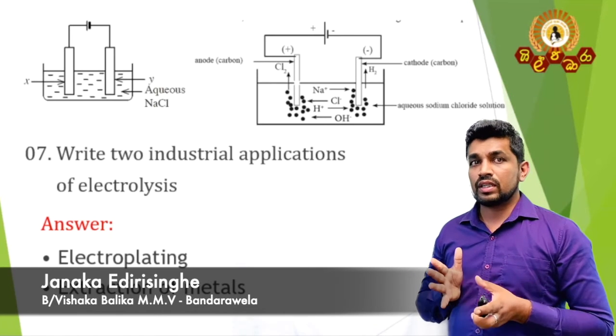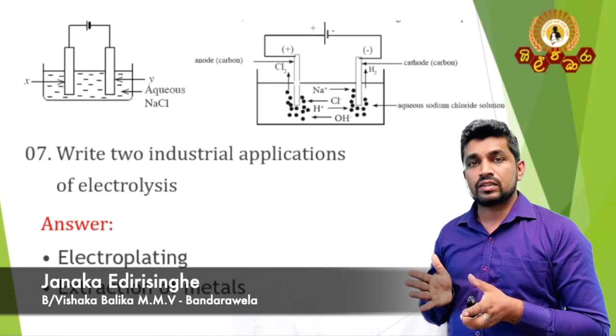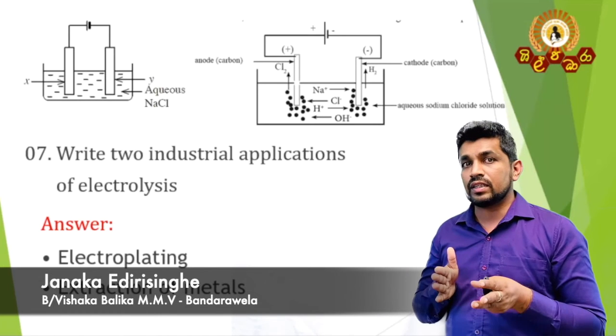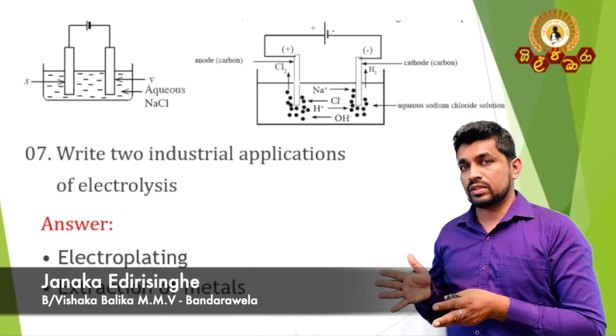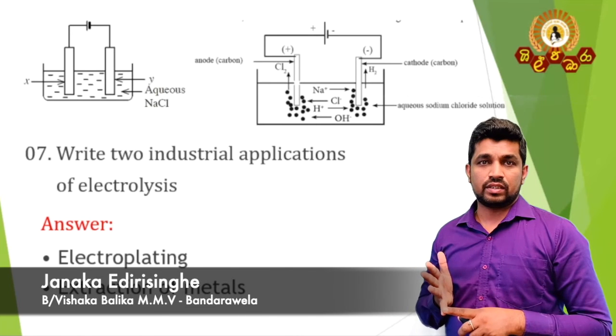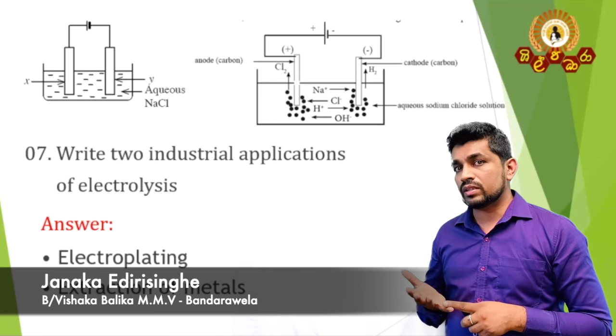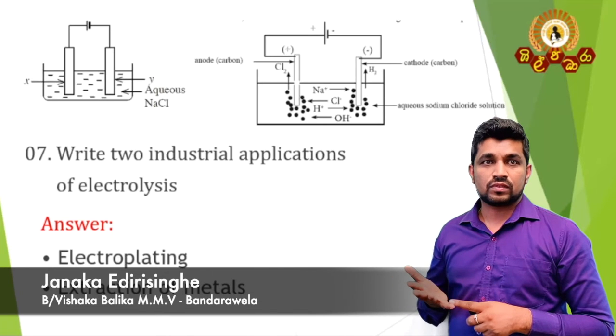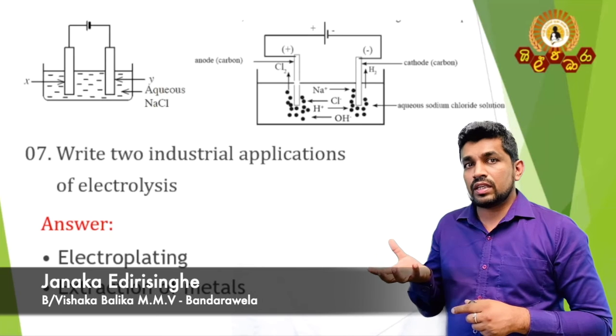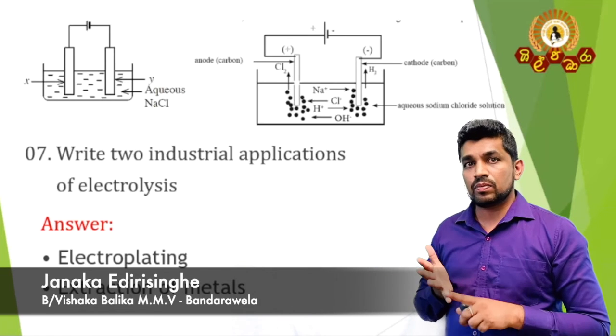Today we use that process as electroplating. That means plating another metallic substance on a conductive material. Most of the time, if there are silver ornaments, we plate gold, right? Then we can use it as a gold item with the help of electroplating.